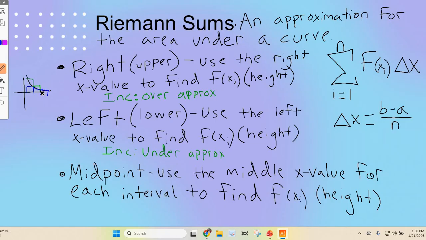Yes, so whether it's increasing or decreasing is important in this case. So if it's decreasing, it's an under for my right and an over for our left.